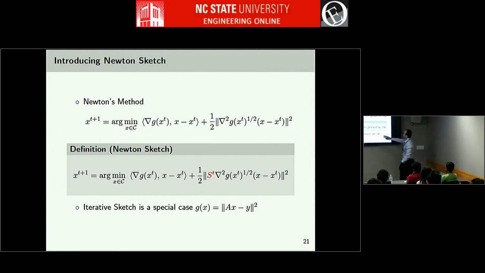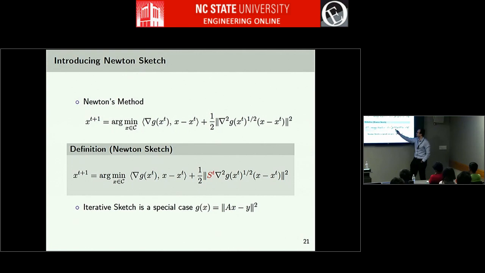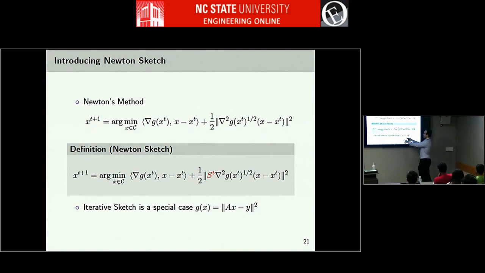The first term is exact, but you could have done the sketch also here. Or you can do sampling here, you can do stochastic, you can combine, mix and match. But this is the basic idea. Just do approximation on the curvature first. And it turns out that the iterative sketch that I was telling you about, the idea of multiplying with the residuals, turns out to be exactly Newton sketch for the function least squares.